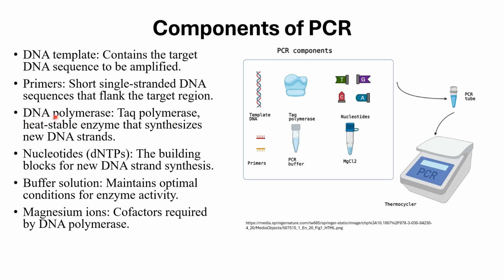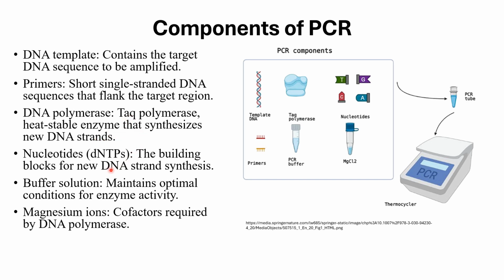Then we have our DNA polymerase. In this case, we use a DNA polymerase called Taq polymerase that is heat stable and is able to work under high temperatures. It was isolated from bacteria that live in hot springs, so it is able to polymerize DNA at high temperatures.